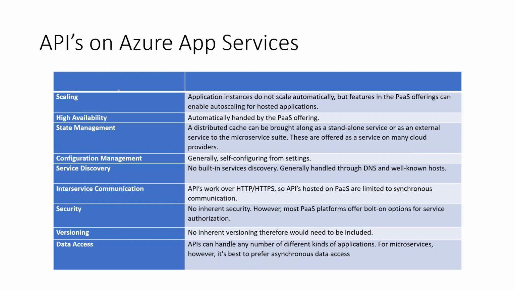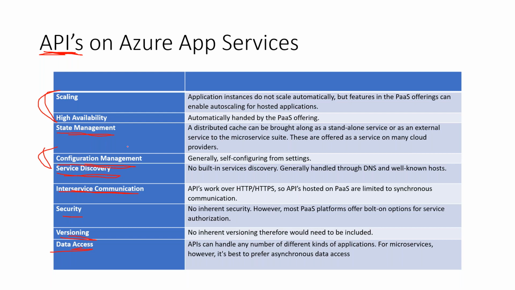But in doing so, if you do implement APIs that are microservices that have traditionally run on IIS, you basically are responsible for doing the state management, a lot of the service discovery and the inter-process communication, and the security and the versioning and the data access, but you can take advantage of the platform for scaling, high availability and configuration management, because those are kind of baked into Azure App Services.